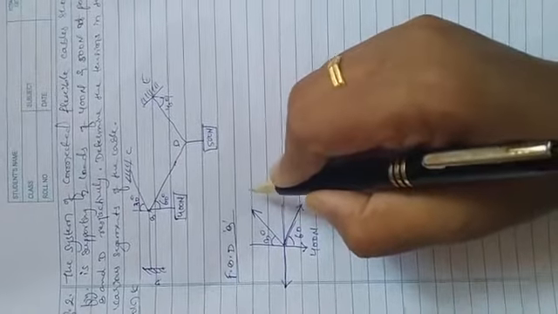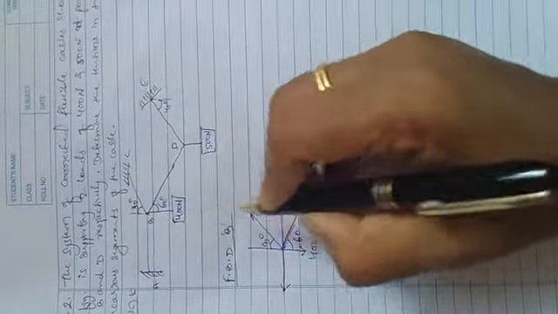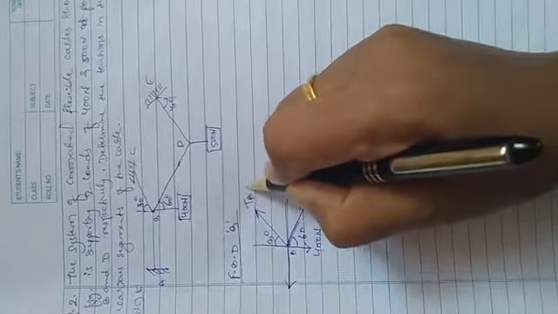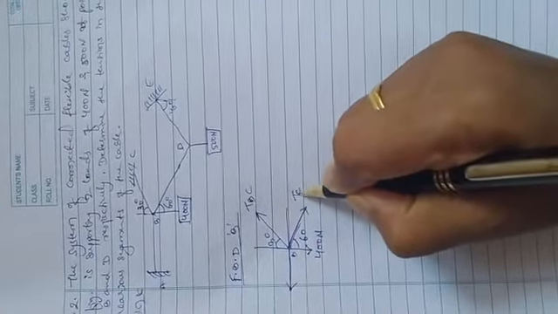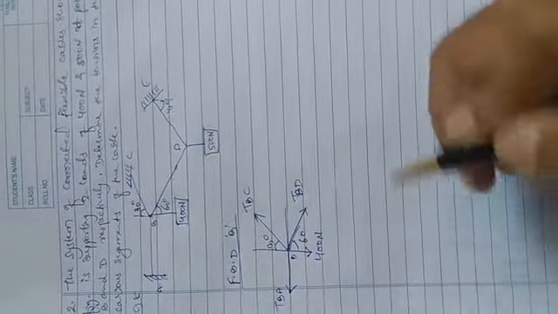As we know these are cables, so when I consider joint B, these become TBC, the tension in portion BC, the tension in portion BD, and the tension in portion BA.